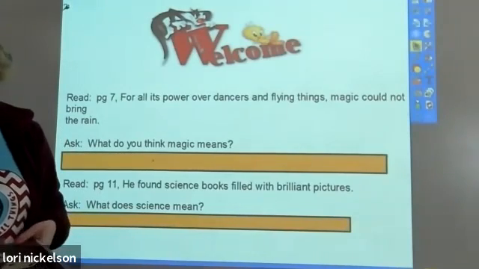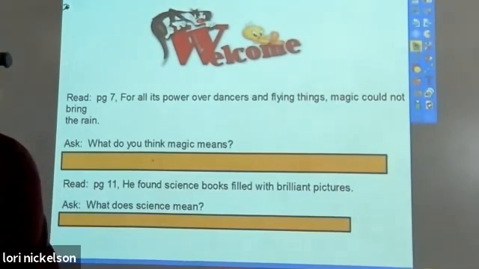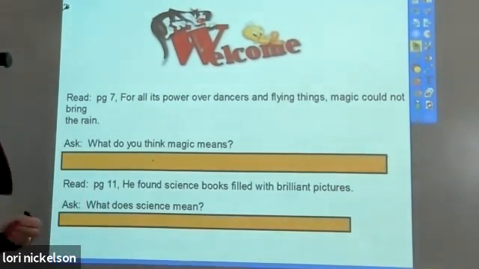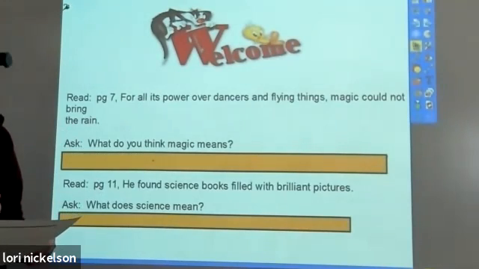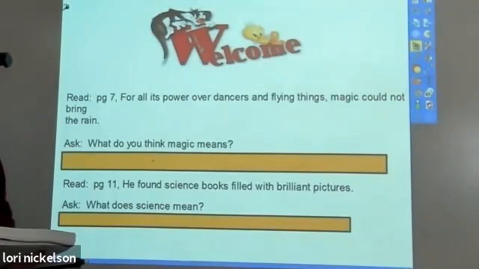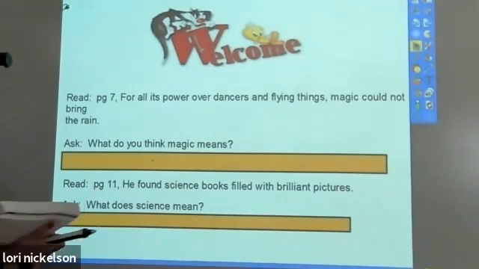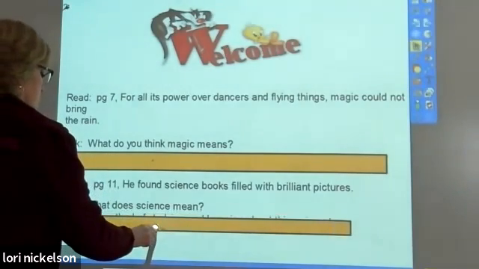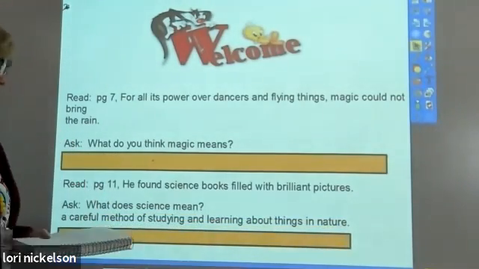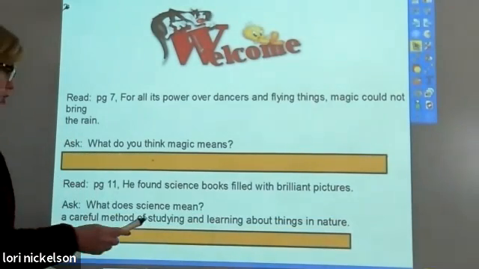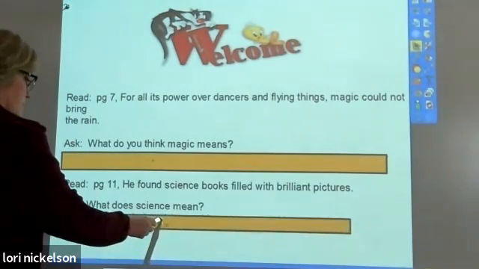What does science mean there? What do you think? Do you think science means studying and learning about things out in the world, out in nature? It's a method of studying and learning about things in nature. Good.